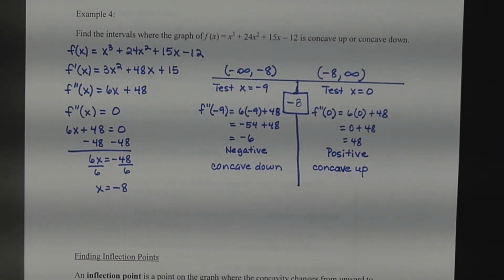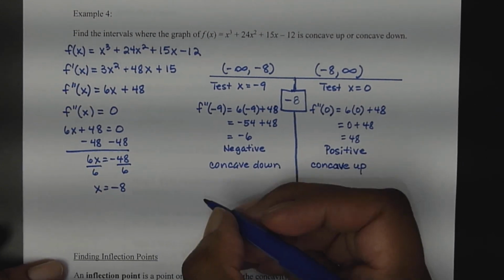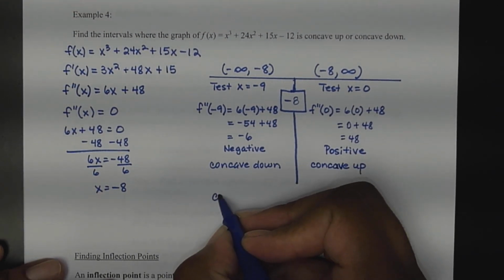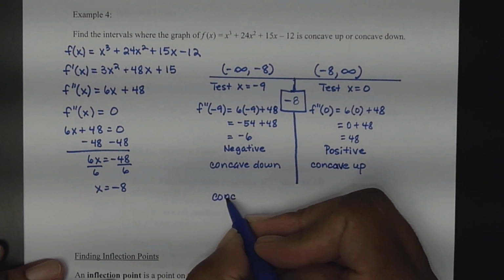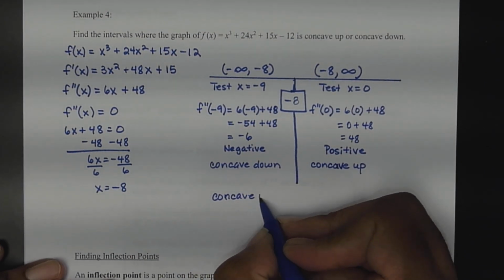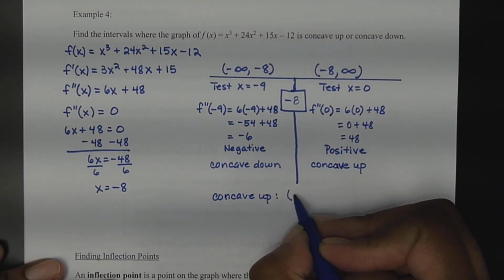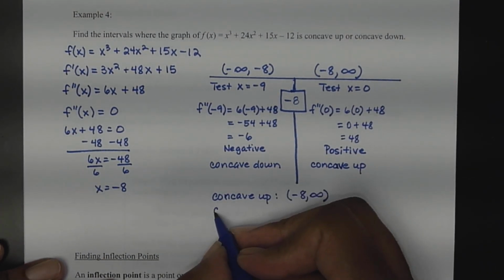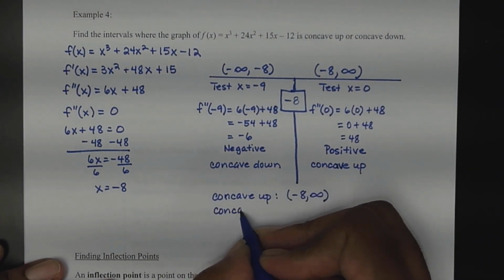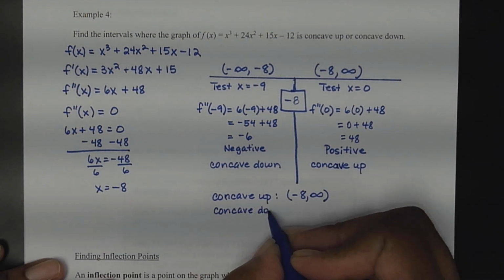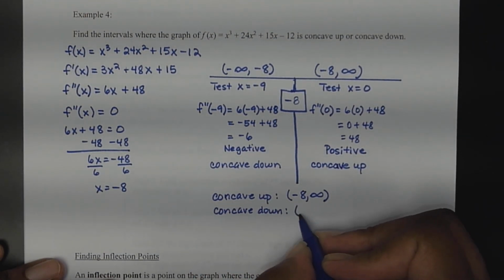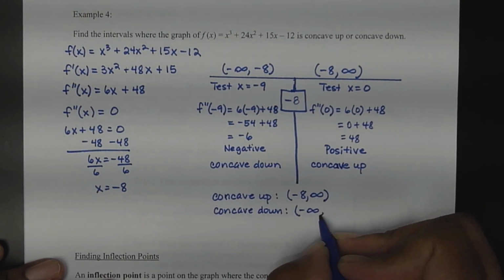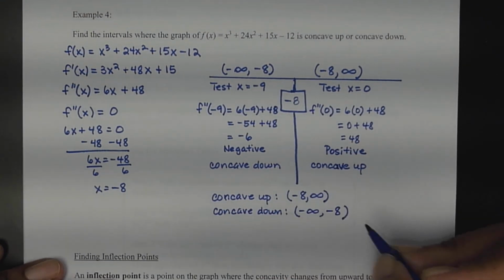All right, so let's go ahead and write down our intervals where it's concave up or concave down. Here it is concave up on the interval negative 8 to infinity, and concave down on the interval negative infinity to negative 8.